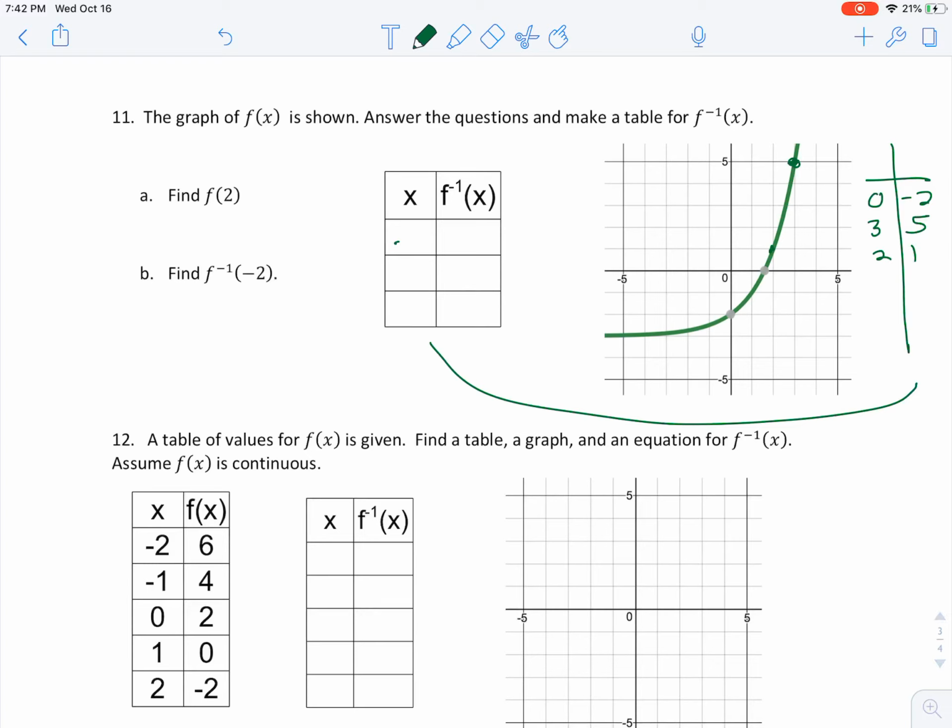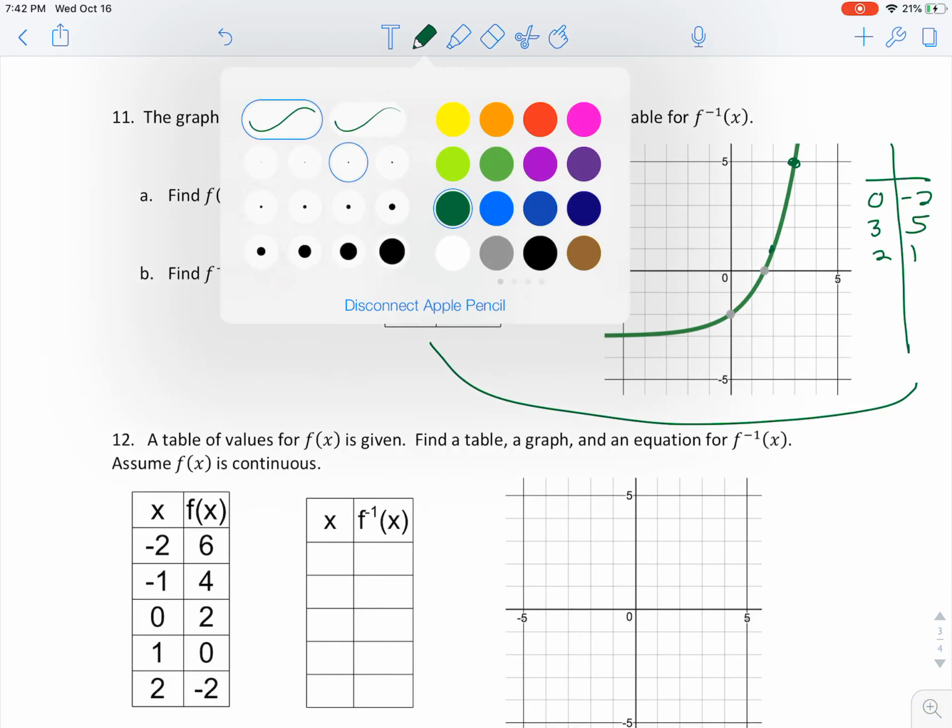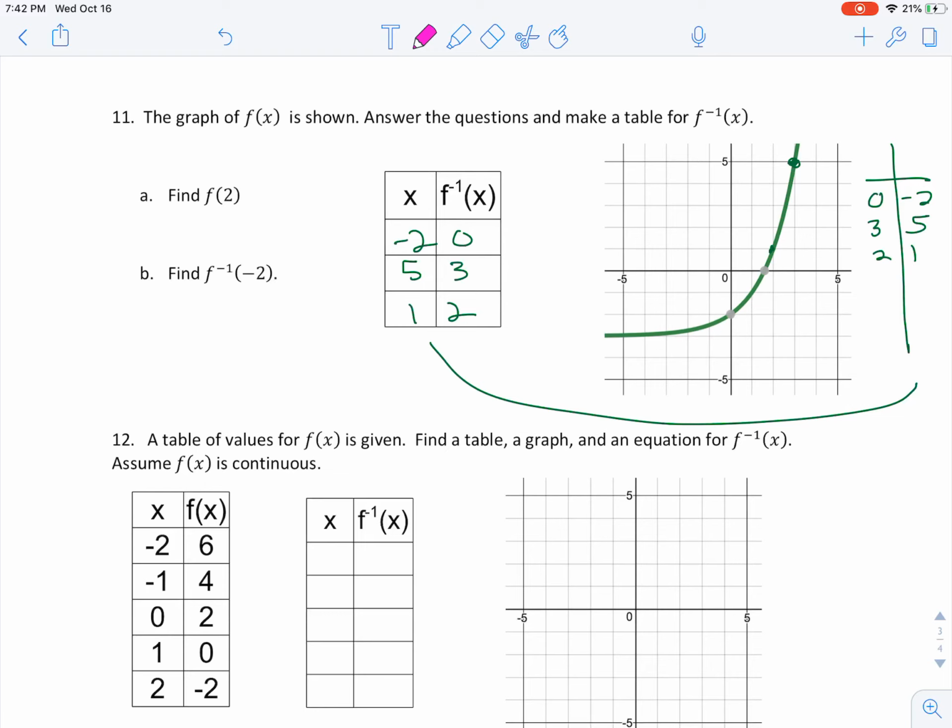So let's go ahead and switch those. And I'll graph that. I don't even know if we're asked to graph it, but why not? Maybe it was just a way of knowing if I got it right.